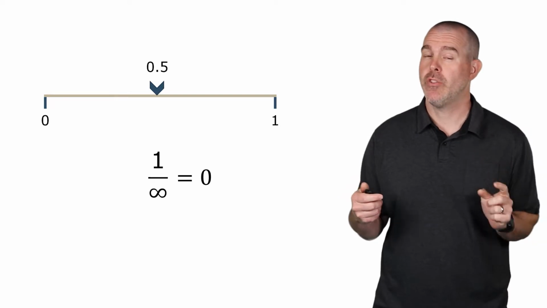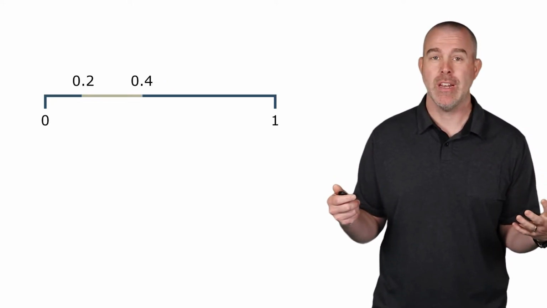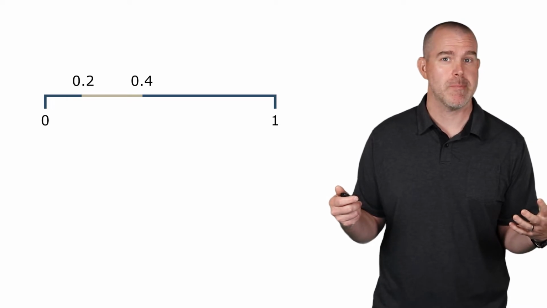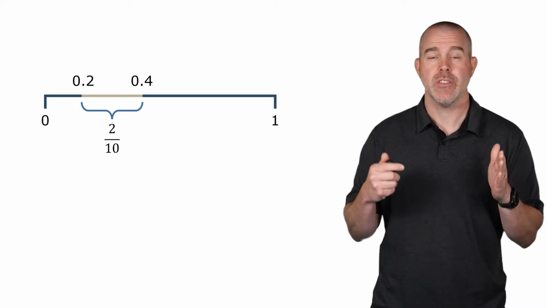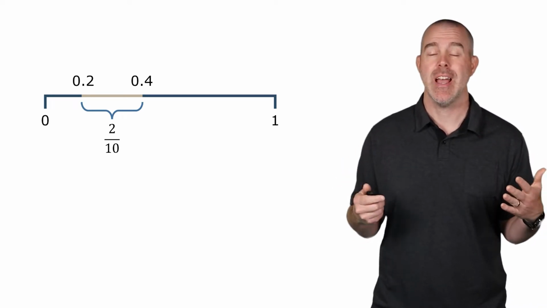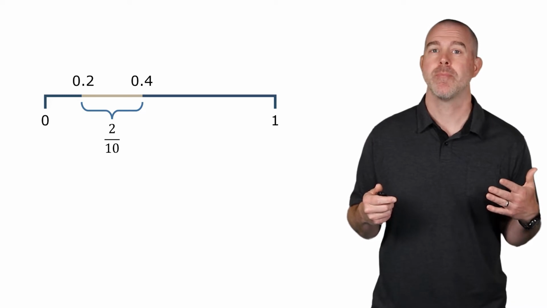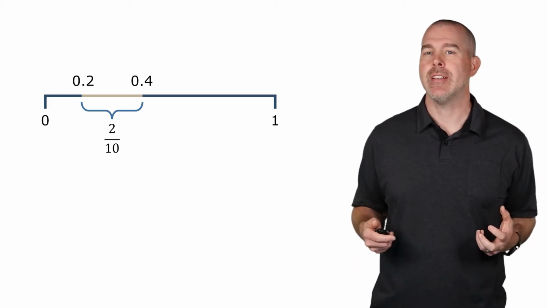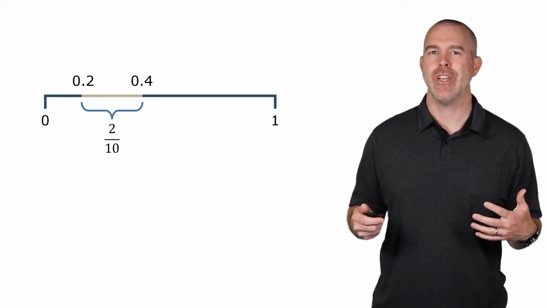The key is to look at an interval. What if we look at, say, anything between 2/10 and 4/10? Well, now there's a width there of 2/10. There's a 2 out of 10 chance of getting a number between 2/10 and 4/10. Okay, continuing with this, again, we're trying to build up a really important conclusion here.